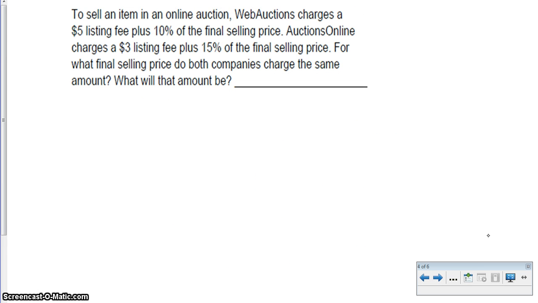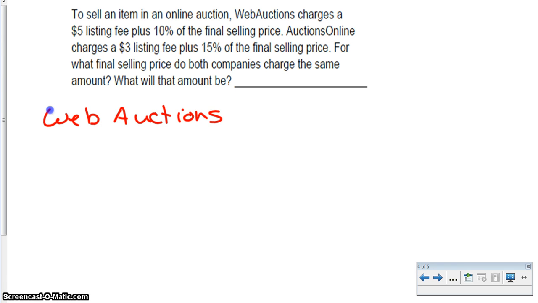Okay, here we go. This one is kind of challenging because it is a percent problem. You need to remember, kind of like on the test last week, with winter equals the number of cases in summer plus an additional 69%. So let's talk a little bit about web auctions.